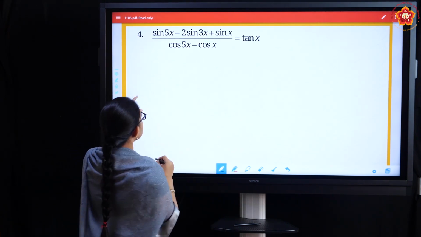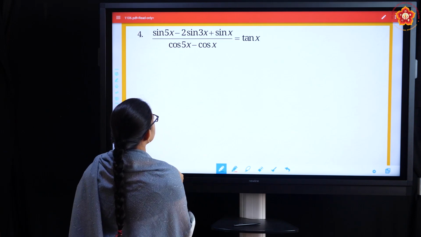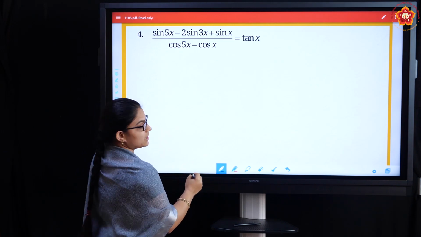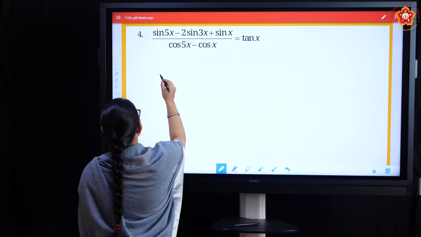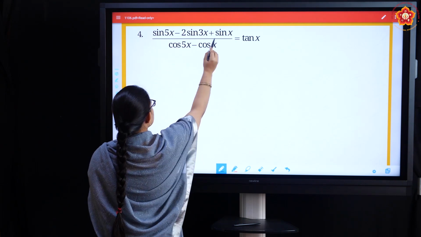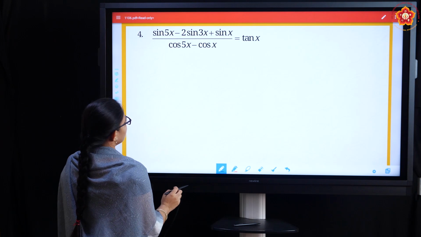We have sin 5x minus 2 sin 3x plus sin x by cos 5x minus cos x is equal to tan x. Here for sin 5x plus sin x, we can use the sin x plus sin y formula.